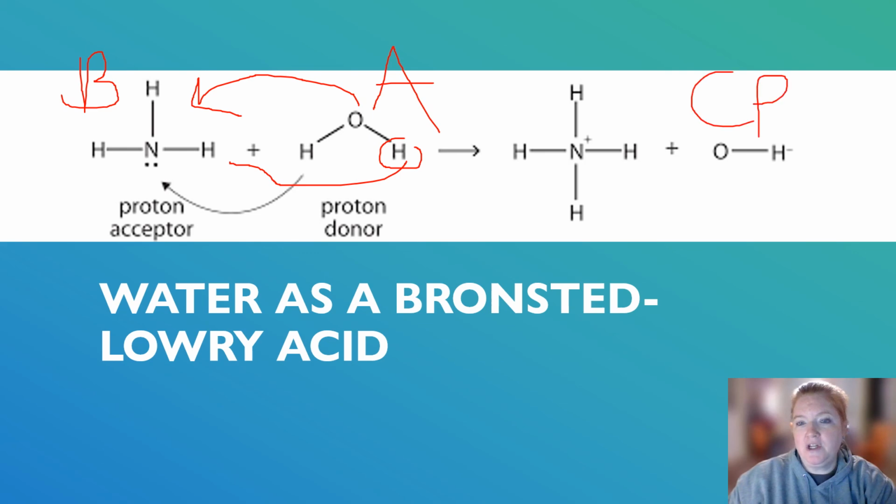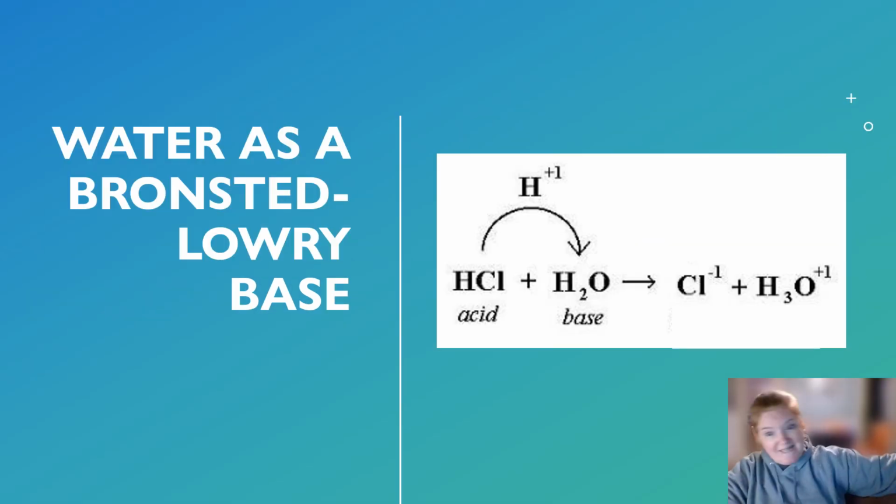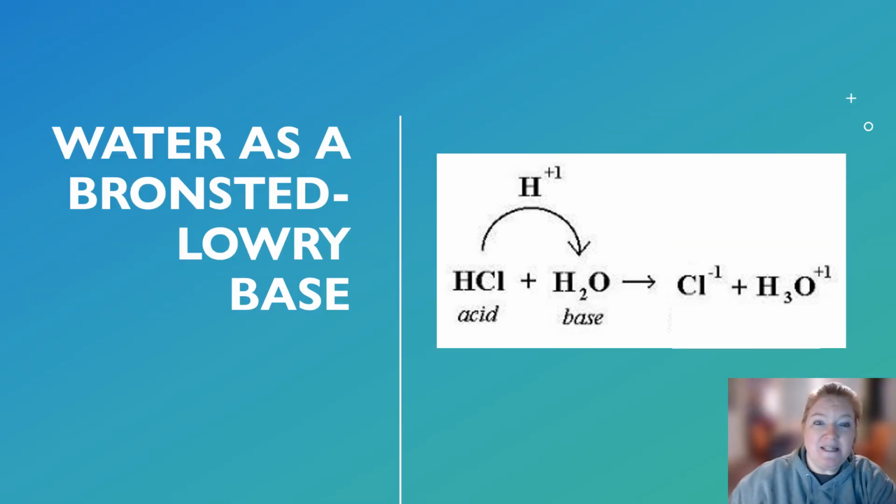This would be the conjugate base and conjugate acid. Well, that's not it. Water can also act as a Bronsted-Lowry base. So the H plus goes this way, so it became an acceptor. So it is in fact acting as a base here. On this side, it would be the conjugate acid, and this would be the conjugate base.